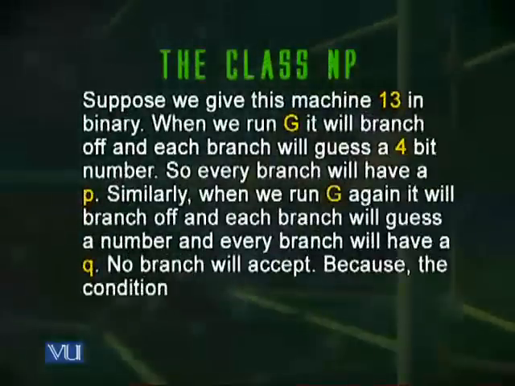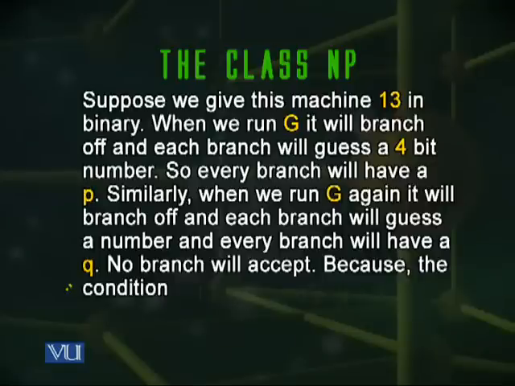Let's see what happens if we give 13 as an input. Remember that 13 is a prime number. Well, when we run the guessing Turing machine G, it will branch off, and each branch will guess a 4-bit number. So every branch will have some number p. Similarly, when we run G again, it will branch off, and each branch will guess a number, and each branch will have another number q.